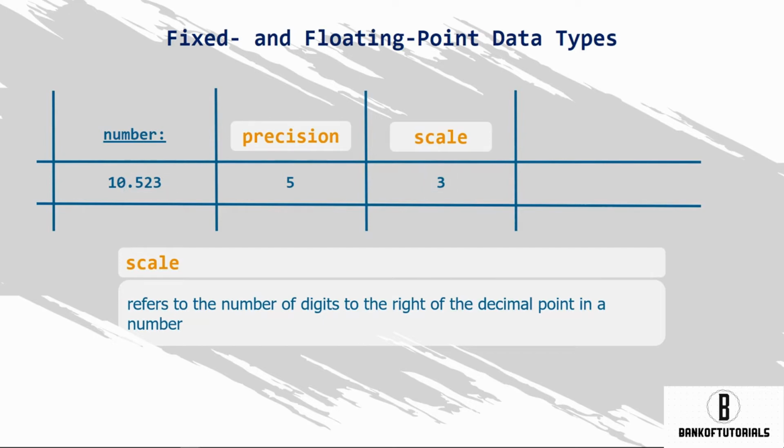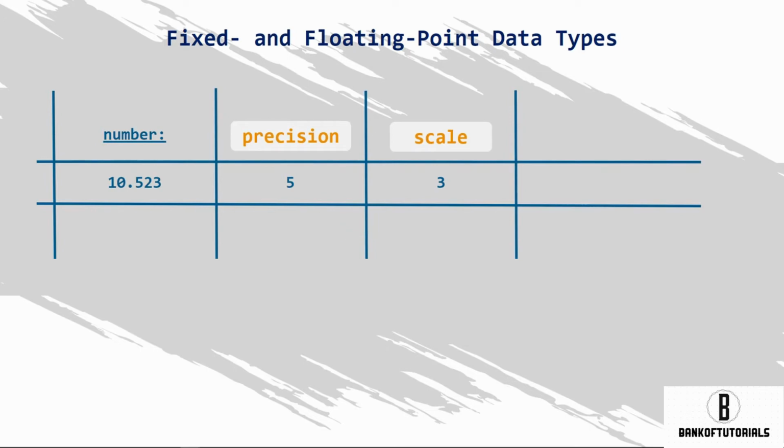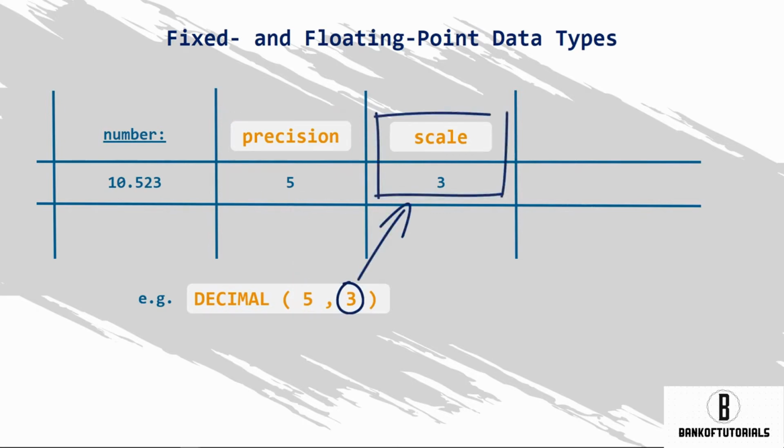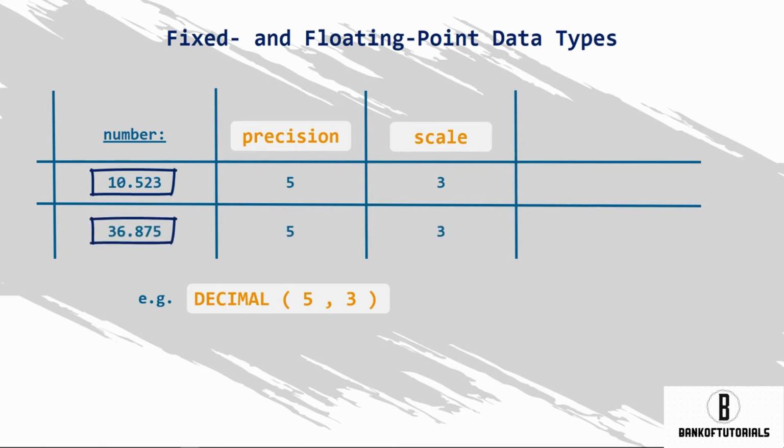Often you will see a data type succeeded by a pair of numbers within parentheses. The first one indicates the precision of the number, and the second one its scale. Therefore, a data type of 5 and 3 will be related to such numbers as, for instance, 10.523 and 36.875.